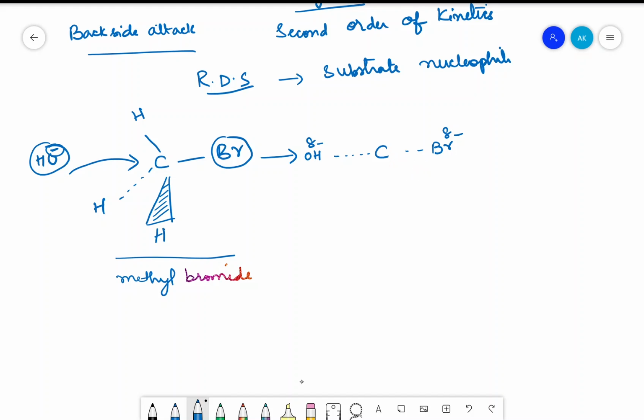In that case, carbon will have hydrogens represented in this way in the transition state. The energy needed for the breaking or cleavage of the C and Br bond is partially provided by the energy released when the C-OH bond is formed.